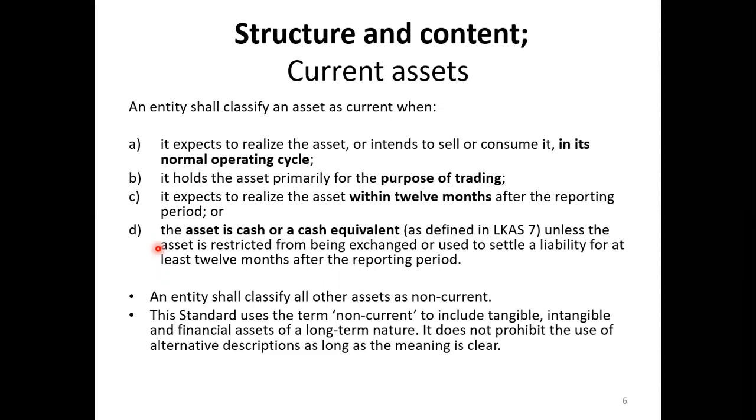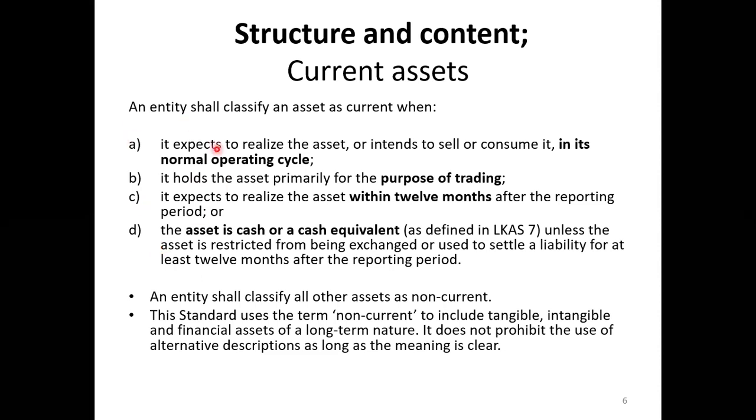When we talk about cash equivalent, checks or some negotiable instruments. In negotiable instruments, there are some conditions where they are unable to be exchanged or realized as cash within 12 months. So they may put the date 18 months. So it means they are unable to convert into cash within 12 months. So there are some restrictions.